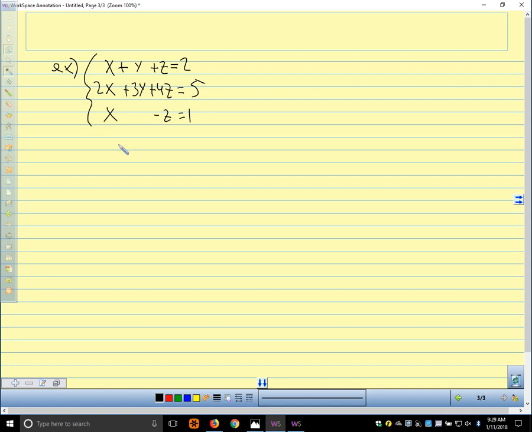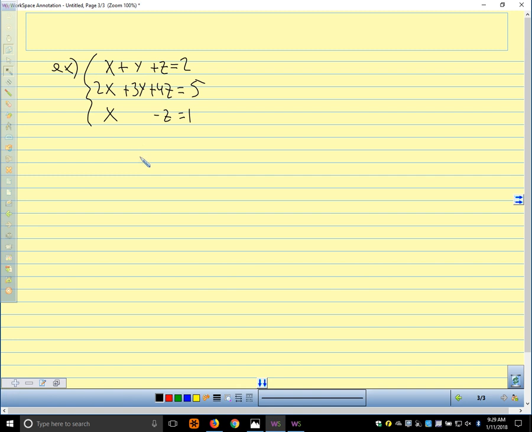This third equation doesn't have a y, so I just left a space there. And when we start talking about matrices, we'll do something specific when that happens as well. So that's our system. We want to use row operations, do Gaussian elimination.